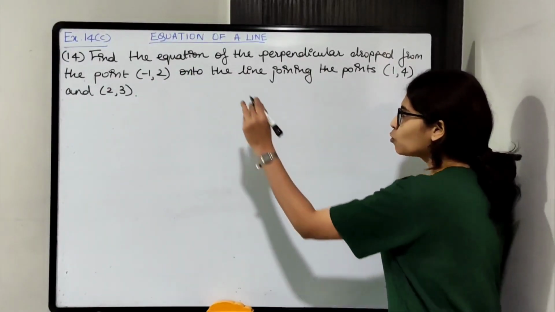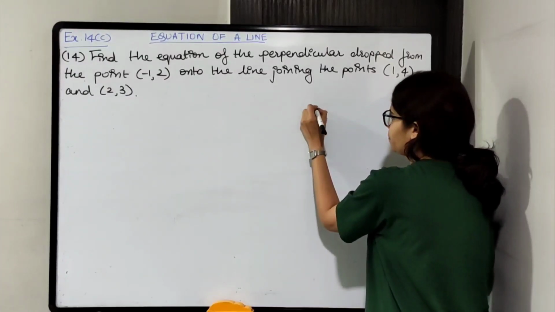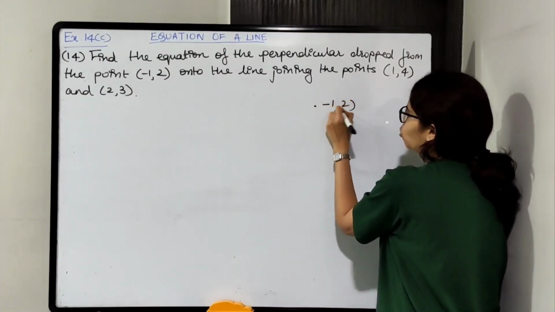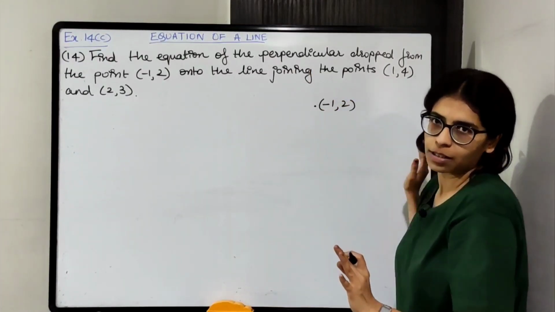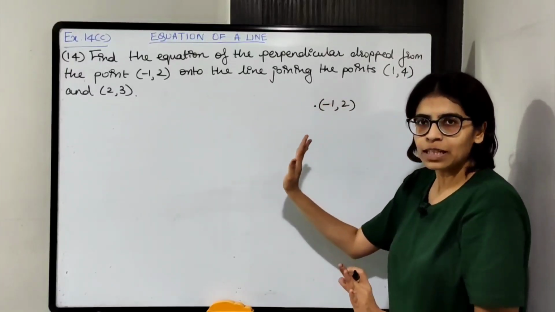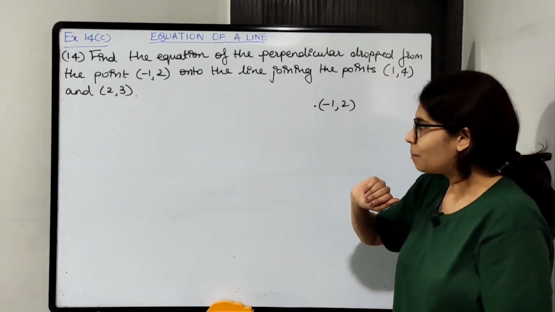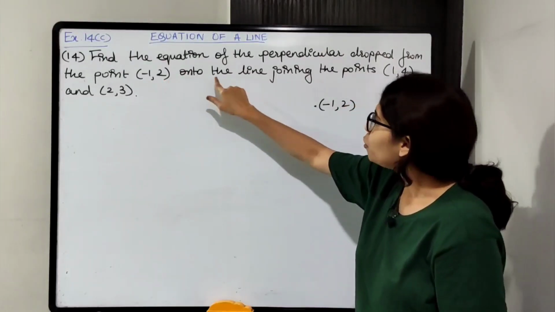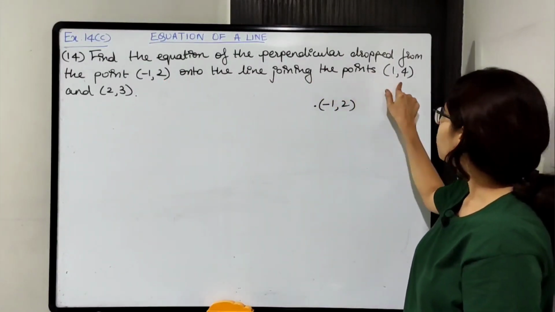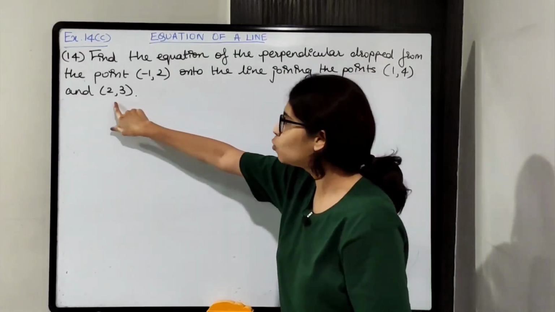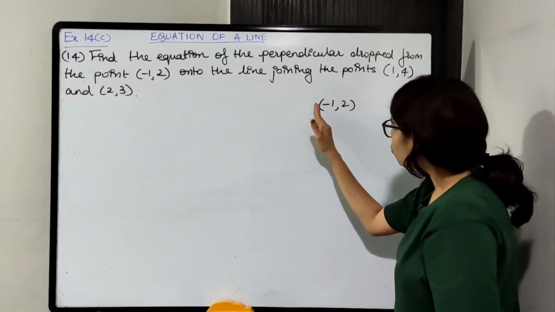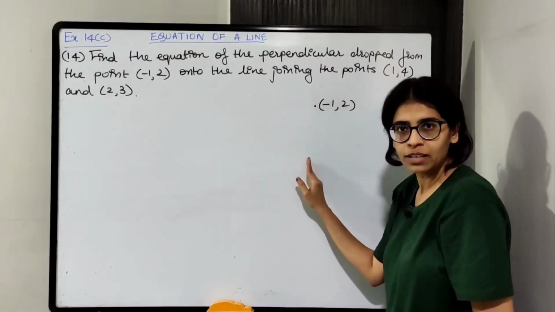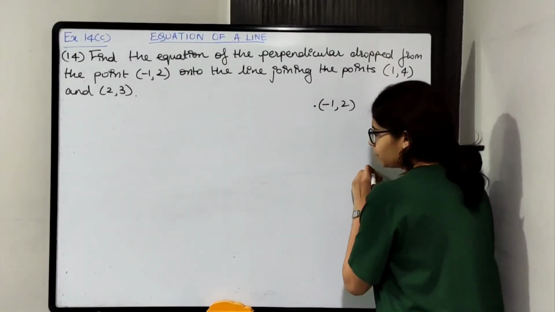Okay. So first we'll draw this point -1, 2. From here we have to draw a perpendicular, but we'll do the perpendicular later. Further, what is given? We'll draw a perpendicular from this point onto the line joining the points 1, 4 and 2, 3.